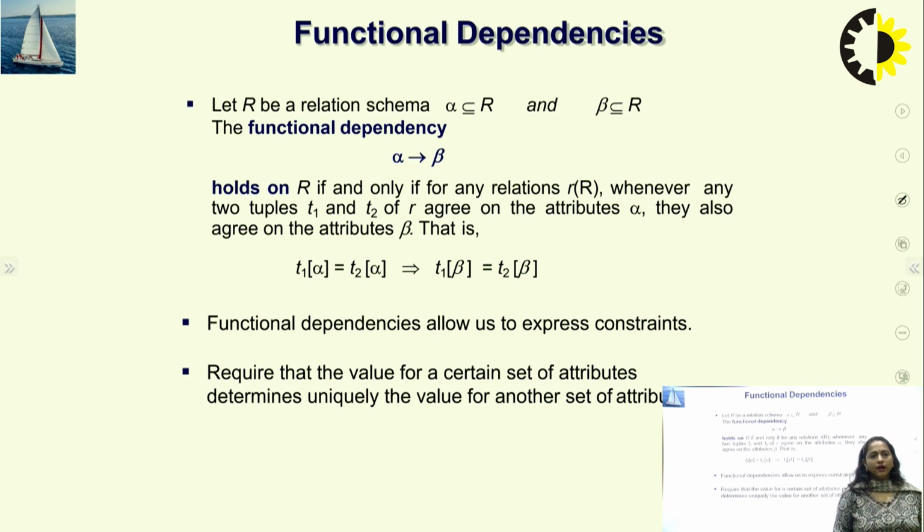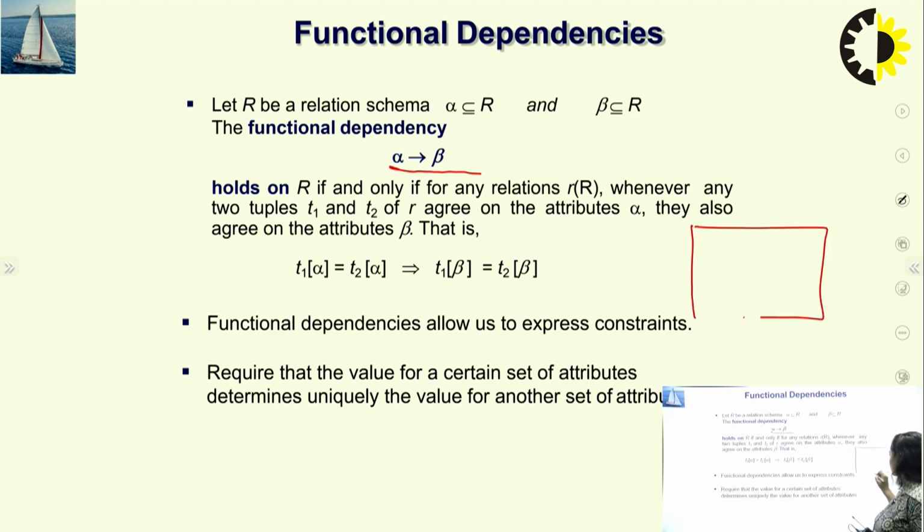Here alpha and beta are subsets of the relation R. R is the relation schema. So this holds on R. R is the name of this relational schema.